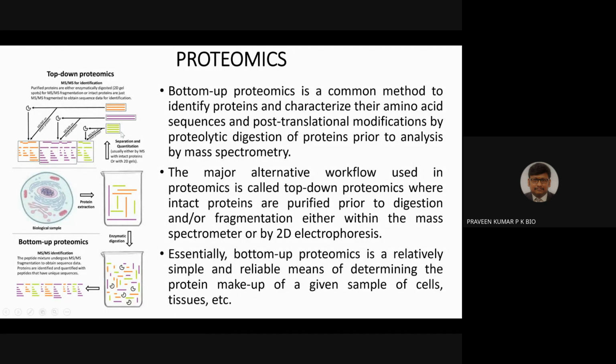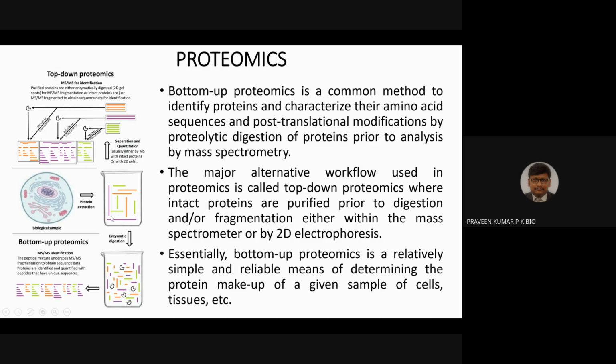Okay, and if you see proteomics, two types of proteomics are there: top-down proteomics and bottom-up proteomics. A slight difference between this and that. If you take a biological sample, extract a protein, and separate and quantitate proteins using gel electrophoresis, this is a kind of top-down approach where you find the proteins in the form of bands.